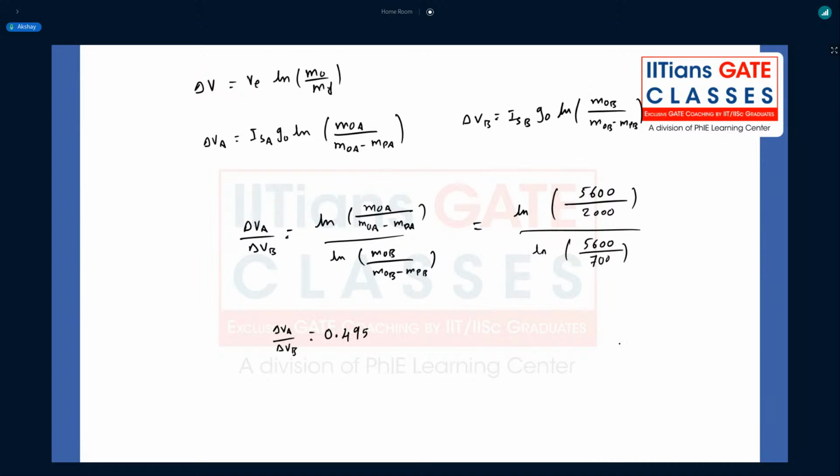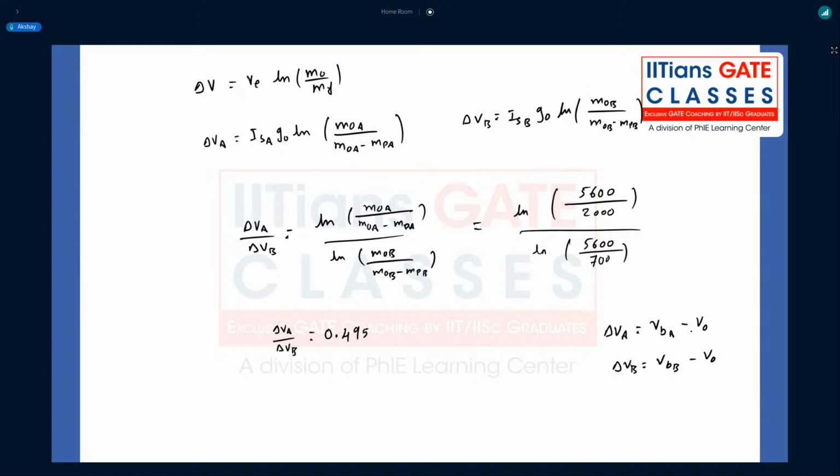So now what is delta VA? Delta VA is nothing but V at the burnout in A minus V initial, right? So similarly, delta VB is also V at the burnout in engine B minus V initial. So in both the cases, it's lifting off from the surface. That is what we are assuming.